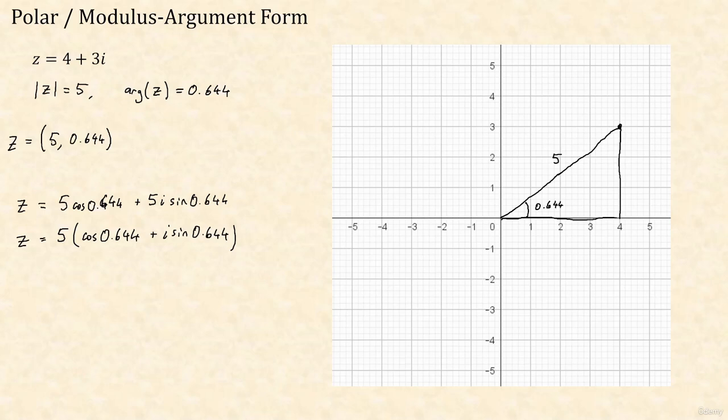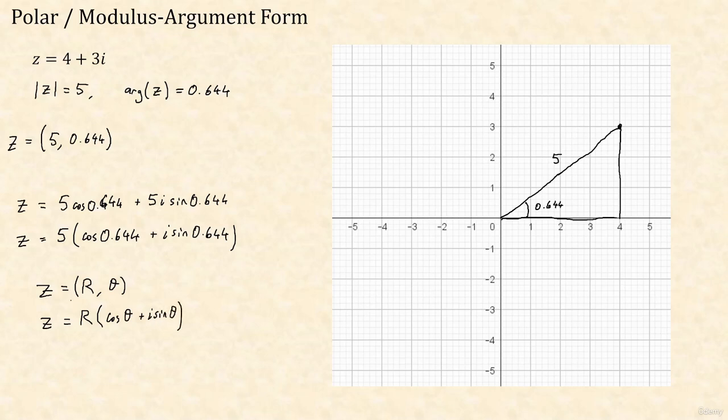Now to generalise, let's say we've got a complex number with a modulus of r and an argument of theta. We would write it like this. The shorthand version would be a modulus of r and an argument of theta. The slightly longer way, which is also pretty useful, would be to have it as your modulus multiplied by cos theta plus i sine theta.